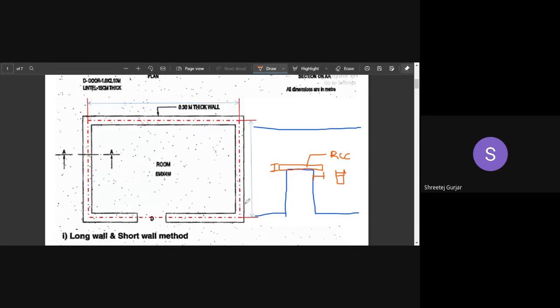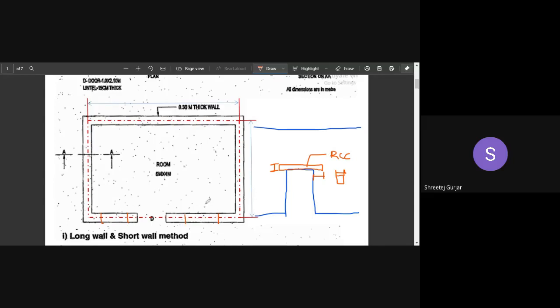Suppose there is only one door here, and suppose there was a window here and a window here. We would have to provide a lintel here with some bearing, then one more lintel here with some bearing, then one more here with some bearing, three lintels continuously.